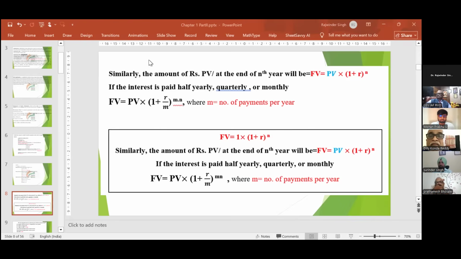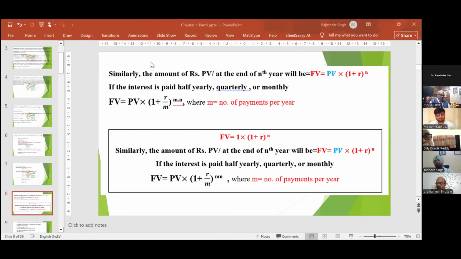So now, if you deposit money in the bank, the bank gives you interest. Bank interest is given quarterly, not annually. So you have to make a certain adjustment in the formula. Let us suppose interest is given quarterly.